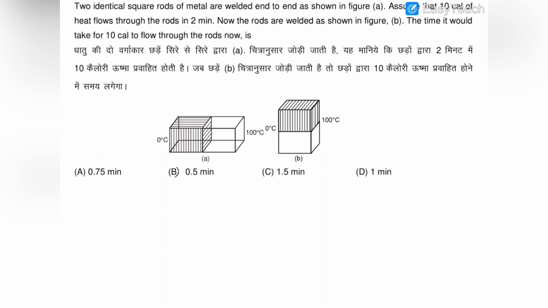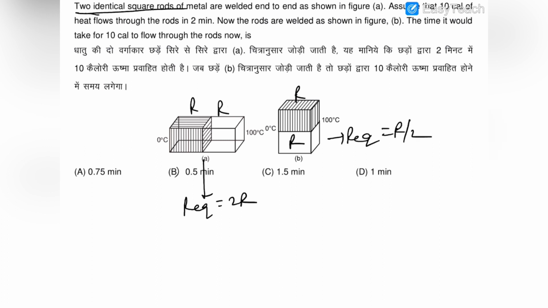So let us write down that the resistance of this square rod is R1 and the resistance of the other one is R2. But it is mentioned in the question that these are identical square rods, so resistance would be same. So in this case, the equivalent resistance would be equal to 2R, and in this case, the equivalent resistance will be equal to R by 2.